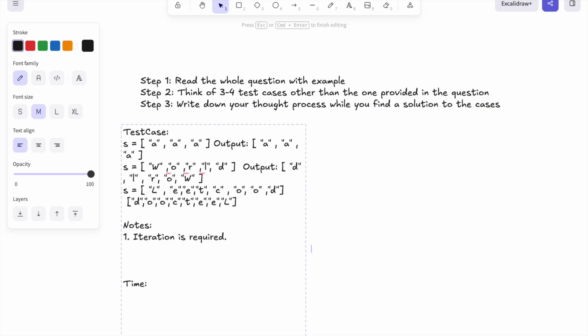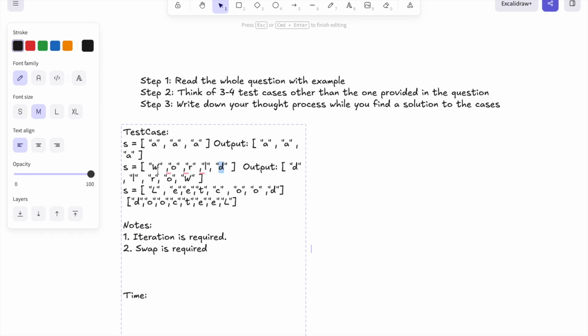Second thing, since we need to do in place changes, swap is required. Whenever you see in place, or whenever you see that you are not allowed to create any other array or memory complexity is given, that means you have to use some kind of swap. Swap is that I move this value here and I swap it with the last value.